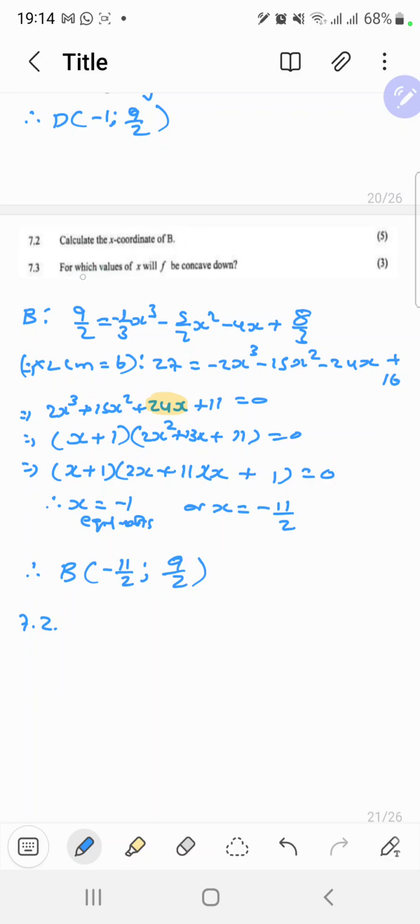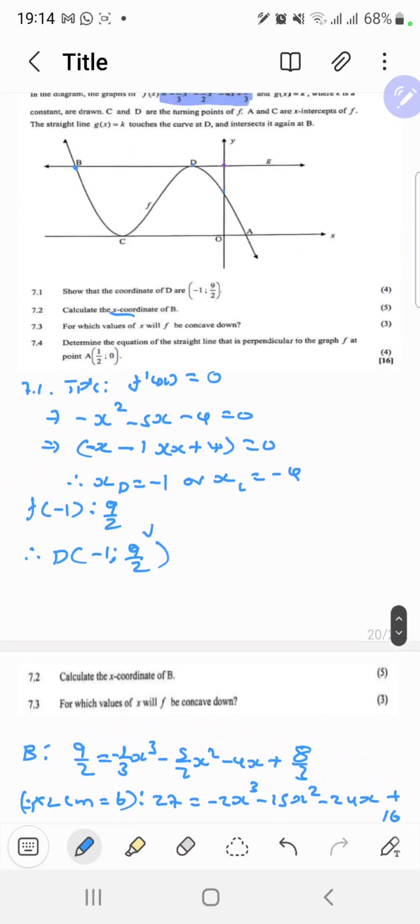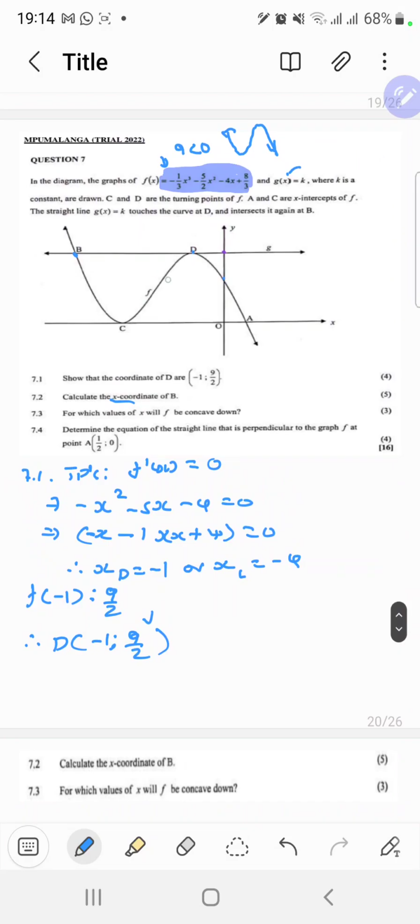Now it says, for which values of x will f be concave down? Okay, now remember, usually it says find the point of inflection. So what is the point of inflection? Obviously, the x coordinate of the point of inflection is always halfway between the turning points. So we saw that this is -1.